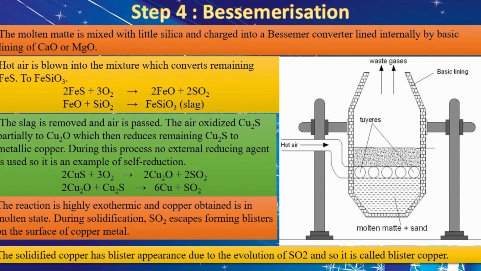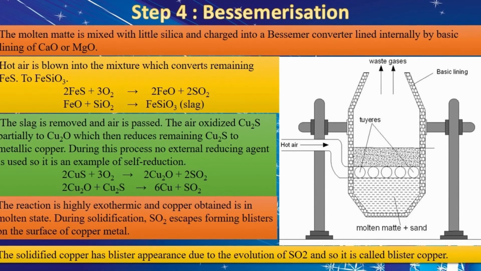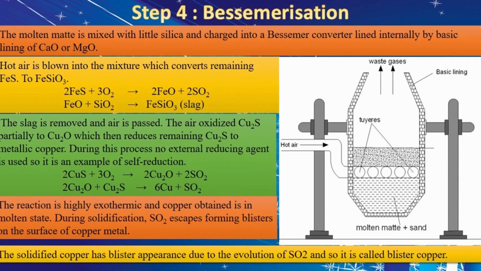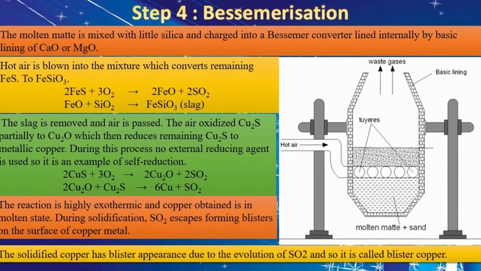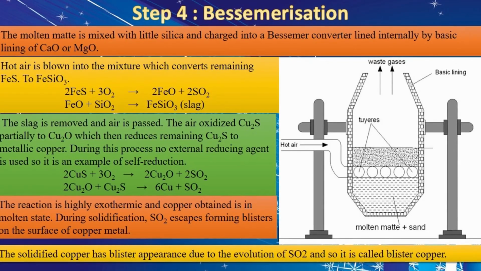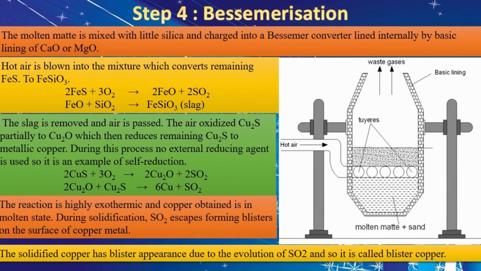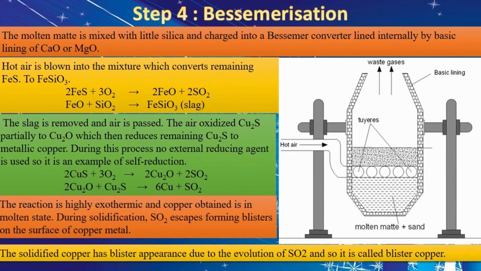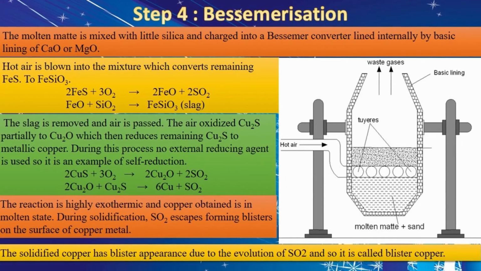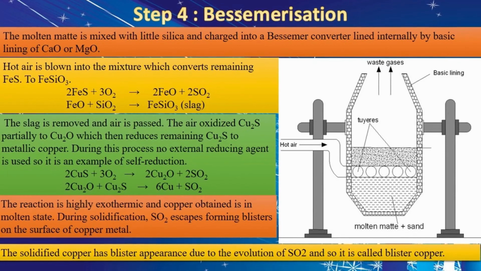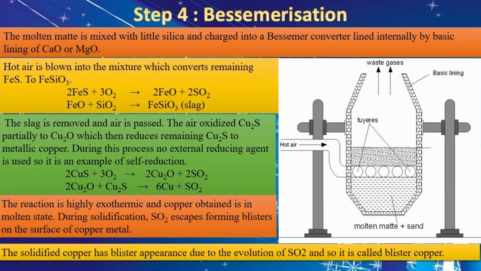This ferrous oxide will combine with the silica impurities present in the copper matte to form molten ferrous silicate, which will be removed as slag. Then this air will oxidize some of the cuprous sulfide to cuprous oxide.